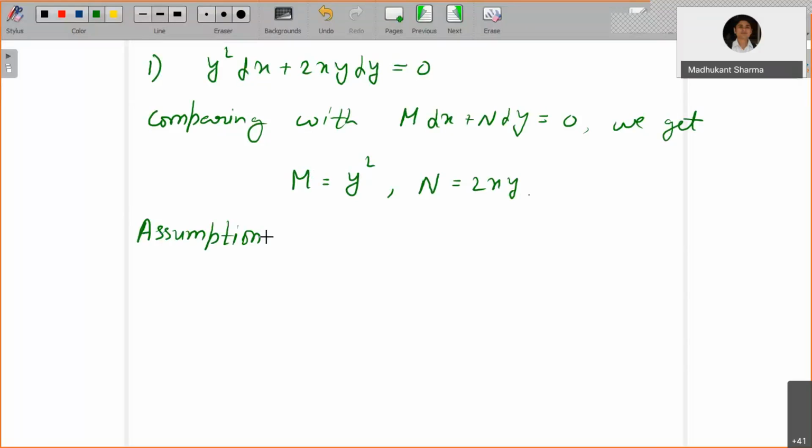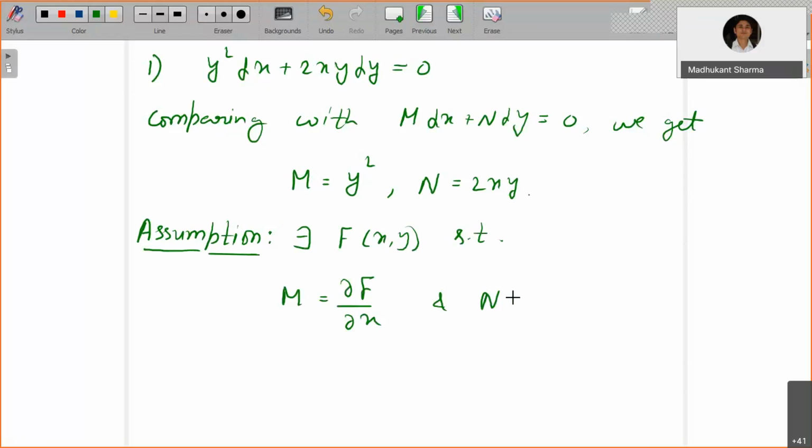I'm starting with an assumption. You may say it may fail or it may not fail, we will see. The assumption is that there exists capital F such that capital M equals dou F by dou x and capital N equals dou F by dou y.